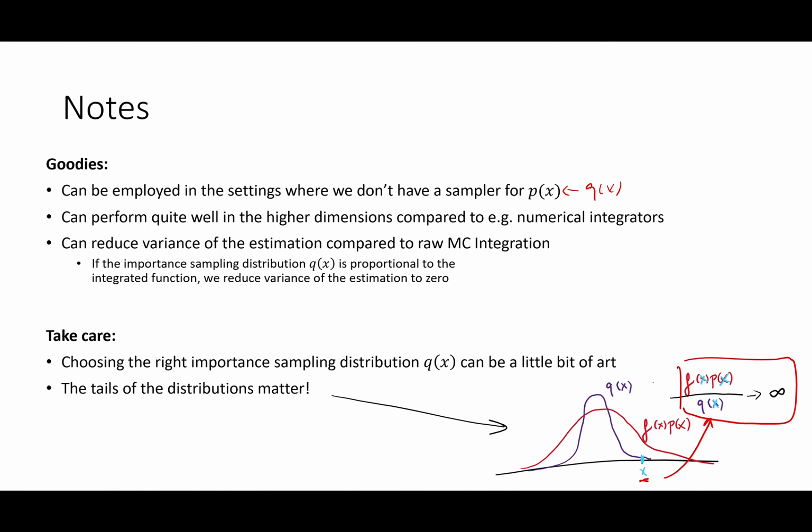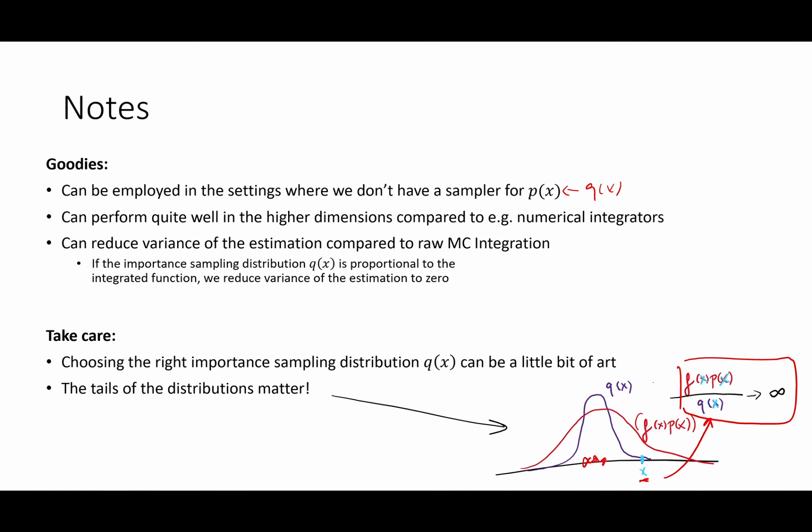It will be close to 0. And if f of x times p of x is not close to 0, it has heavier tails, then this fraction will tend to go to infinity. And maybe it's just one point I sampled in this right tail.